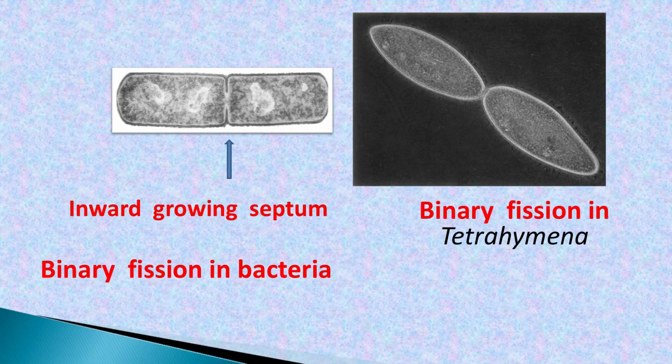Now, in the picture we can see it is binary fission. Binary means, bi means 2, an organism. Here you can see a bacterium divides just in the middle by producing inward growth of the cell wall, ultimately pinching the cell into 2, and that is your binary fission.